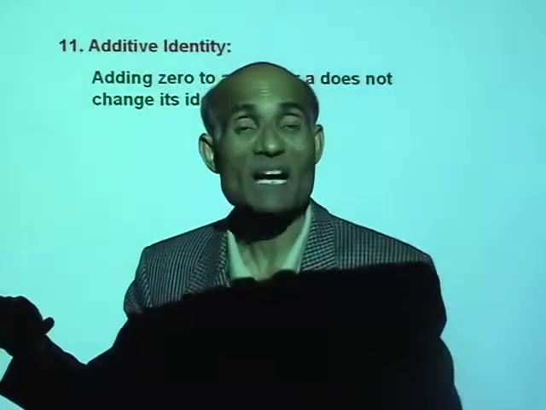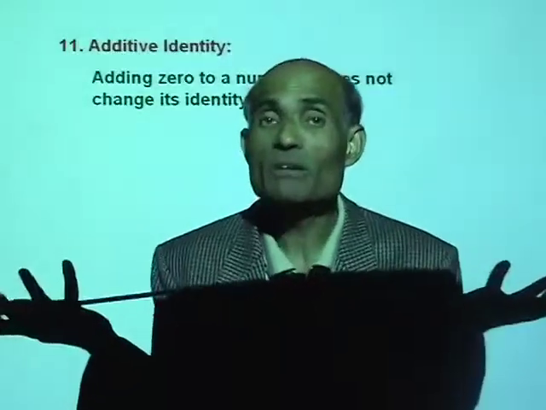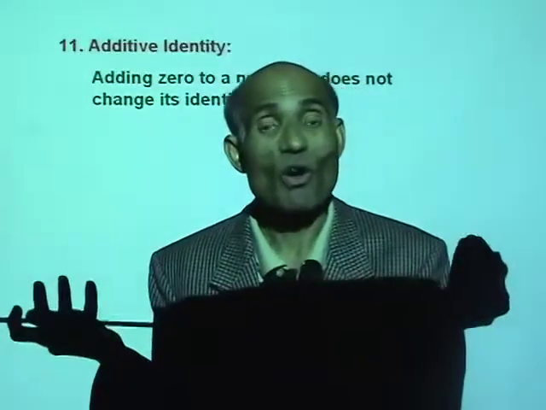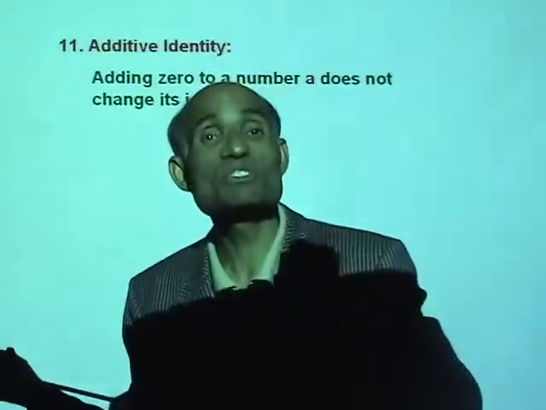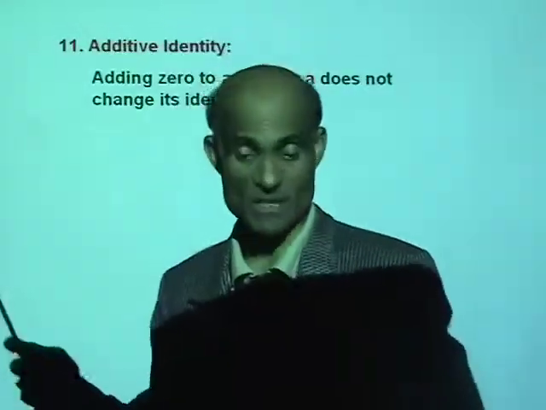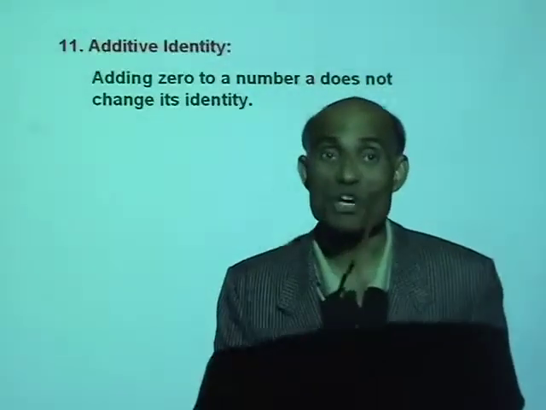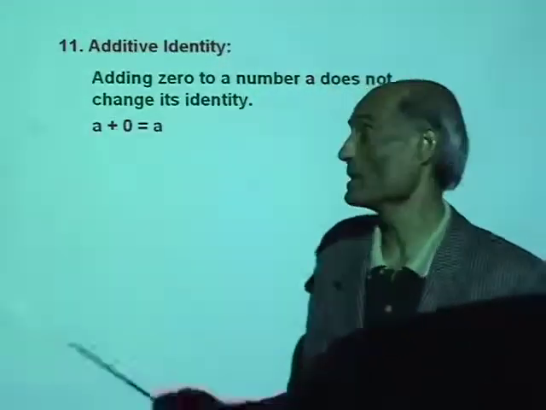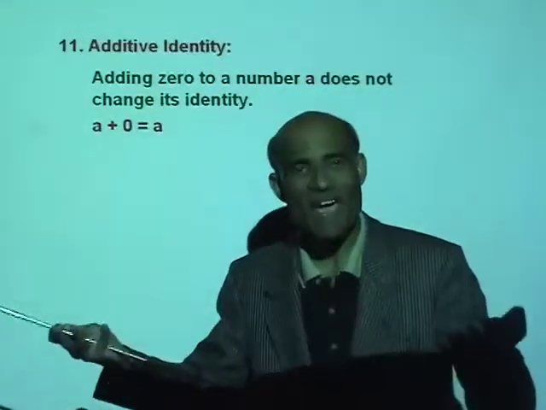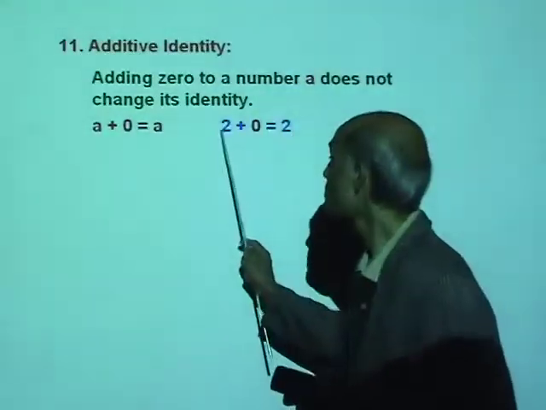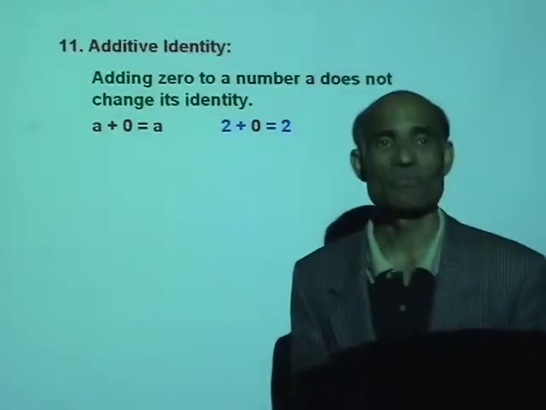You see, you add 0 to any number, will it change the number? No. 4 added to 0 remains 4. Its identity is not changed. So adding 0 to a number does not change its identity. A added to 0 remains A. 2 added to 0 remains 2.